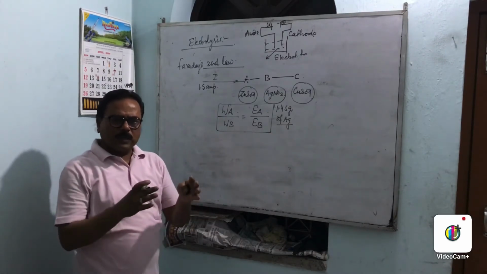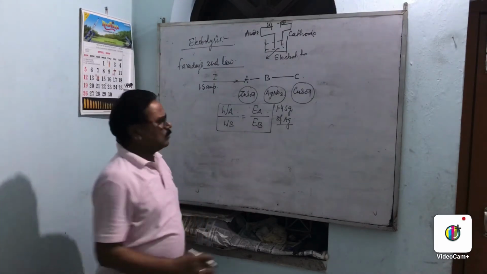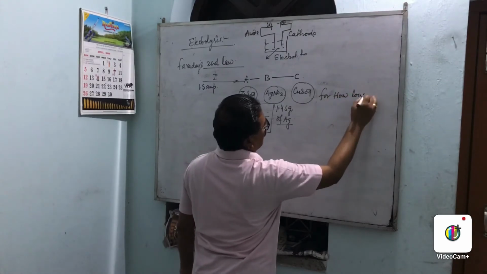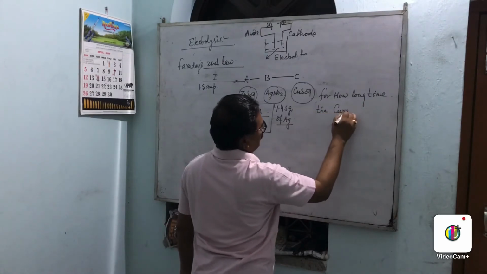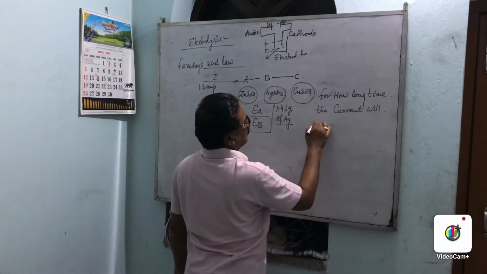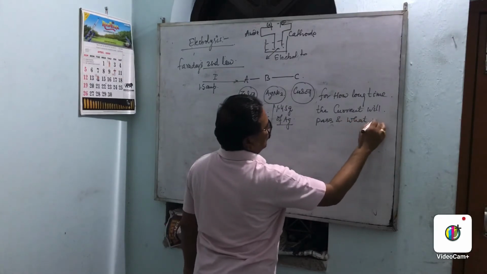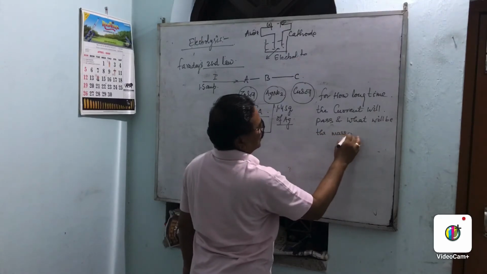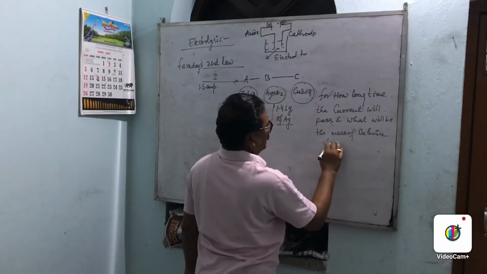For how long time will the current pass, and what will be the mass of copper and zinc deposited?